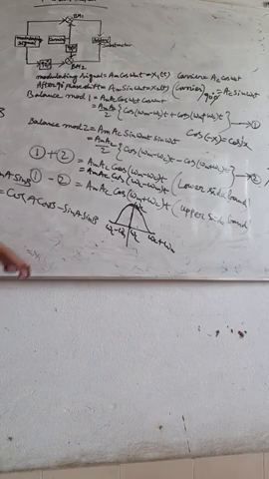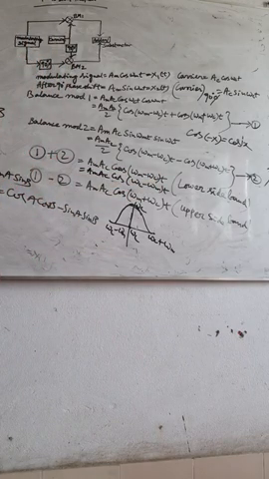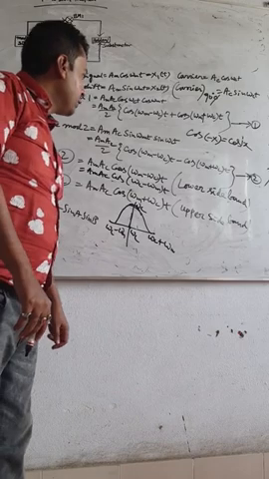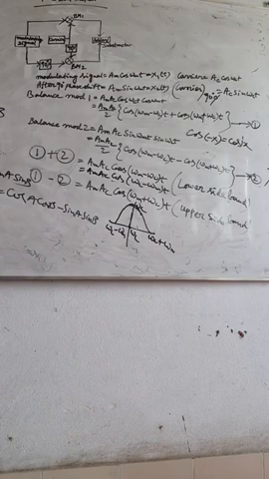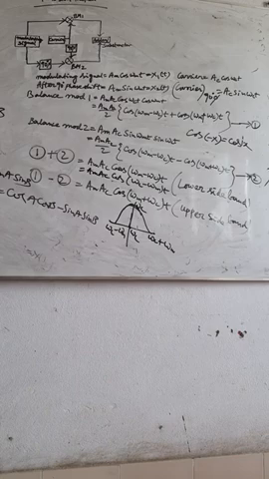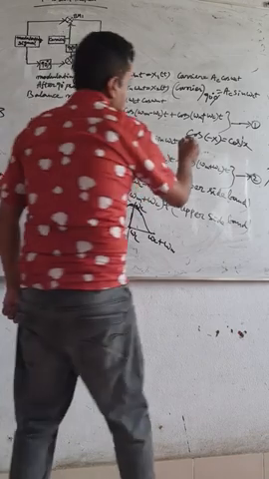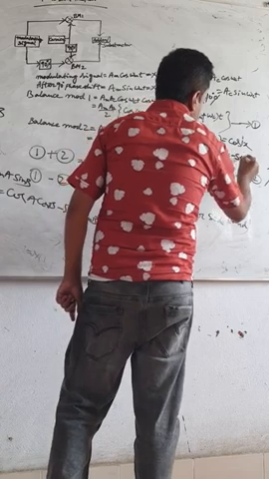So instead of writing cos of omega n minus omega c into t, you can write cos of omega c minus omega n into t, because cos of minus x means cos x. Remember this trigonometrical formula, cos of minus x means cos x. Sin of minus x means minus sin x. If I write sin of minus x, it is minus sin x.